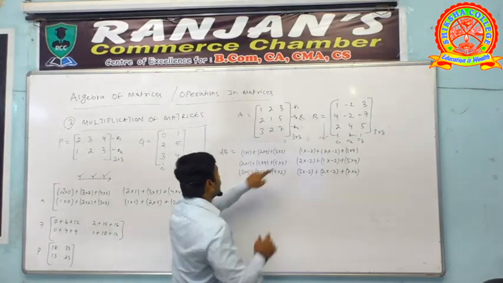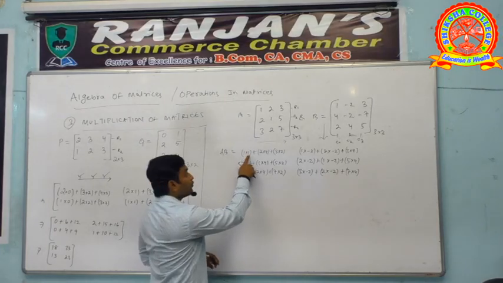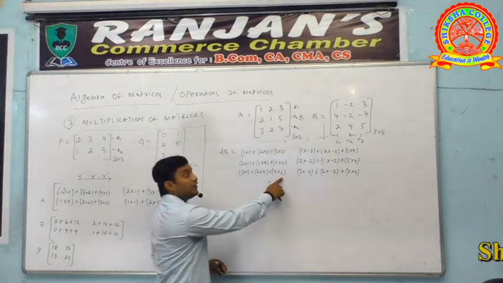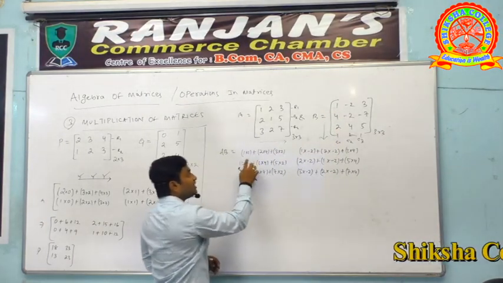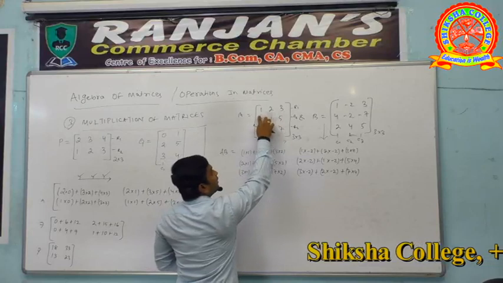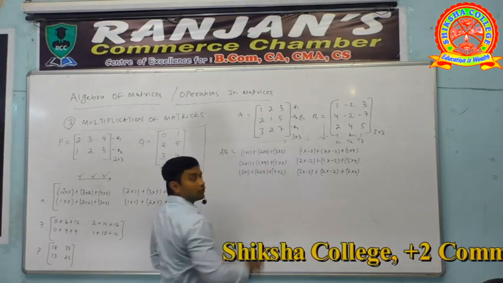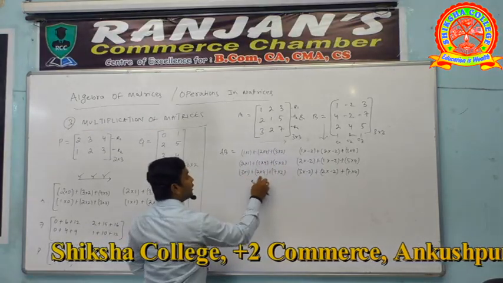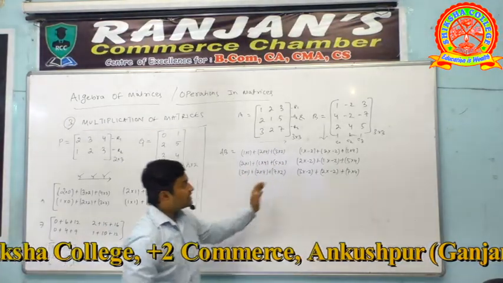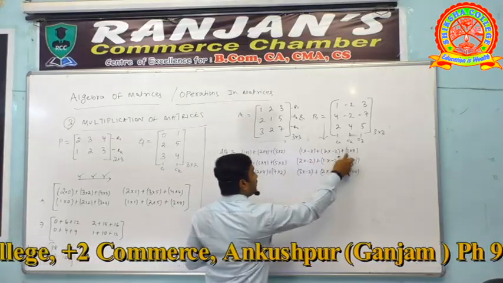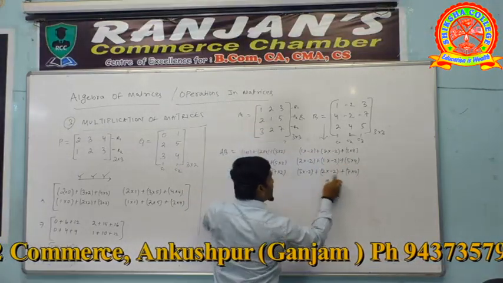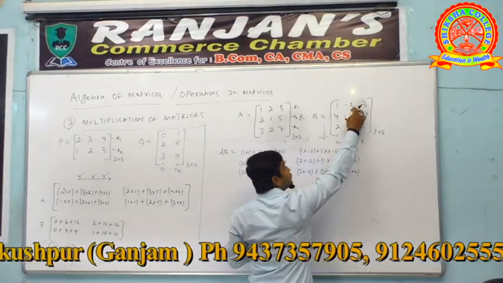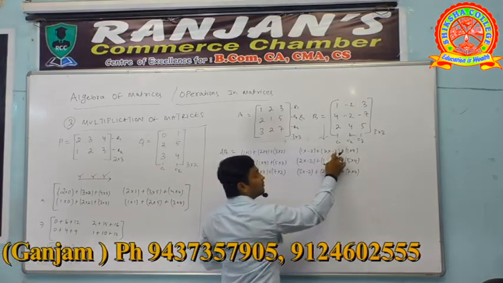See here, 1 4 2, 1 4 2, 1 4 2 means the values of column 1 are individually multiplied with the values in row 1, row 2 and row 3. So see, 1 2 3, 2 1 5, 3 2 7 only. In the second position again 1 2 3, 2 1 5, 3 2 7 is multiplied with the values of column 2, that is minus 2, 4 minus 2, 4.